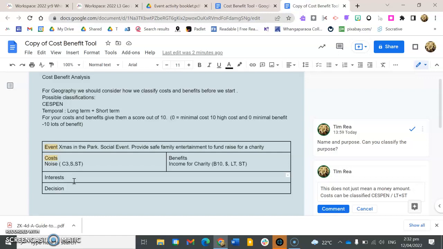And then finally, you might do your adding up, and that leads to the decision: should this event go ahead? Even if you had a score where the costs were higher, if the social interest was a priority, you could just trump the costs by actually saying, yeah, we see that the economic costs are really high, but overall, the social benefits are more important.